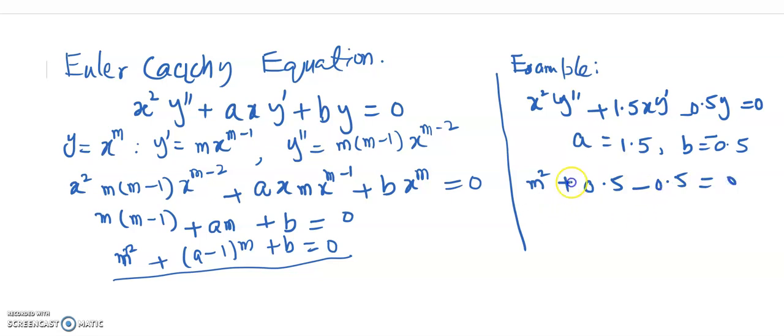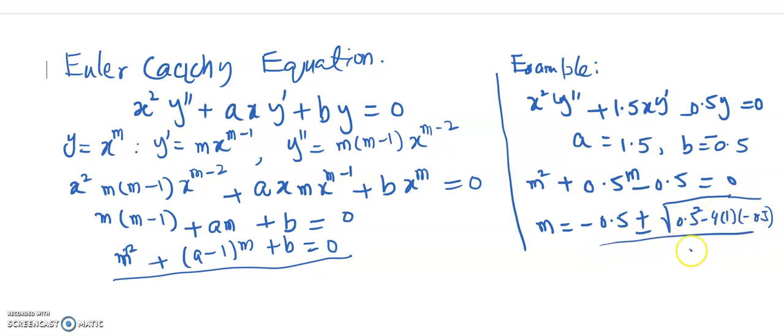So this is the equation in m. We can solve this by the quadratic formula: m equals minus 0.5 plus or minus the square root of 0.5 square minus 4 into 1 into minus 0.5, divided by 2.